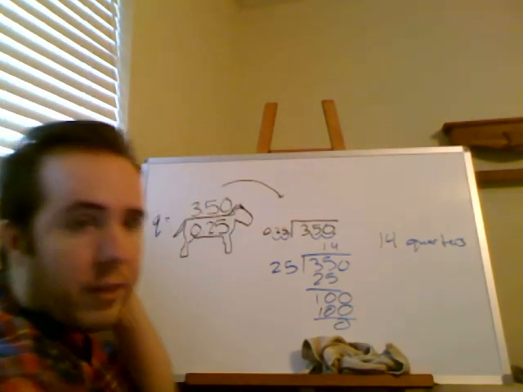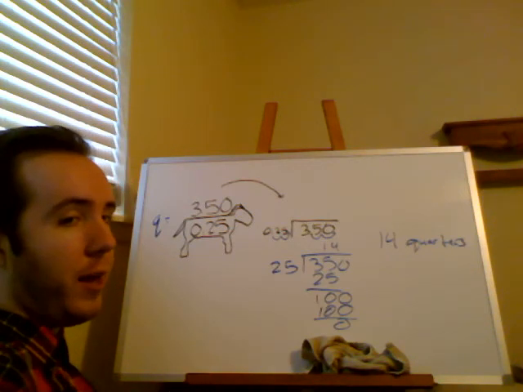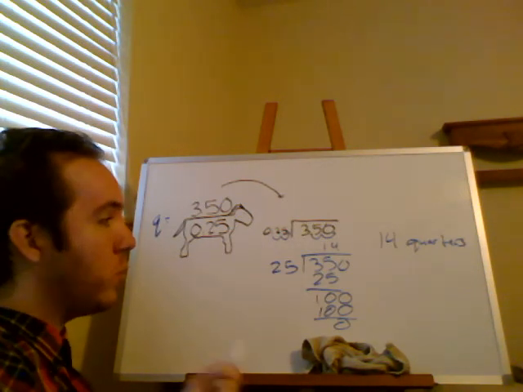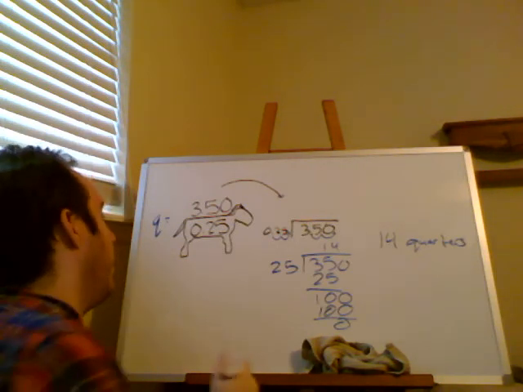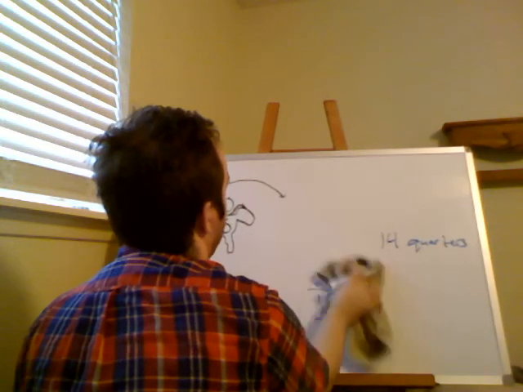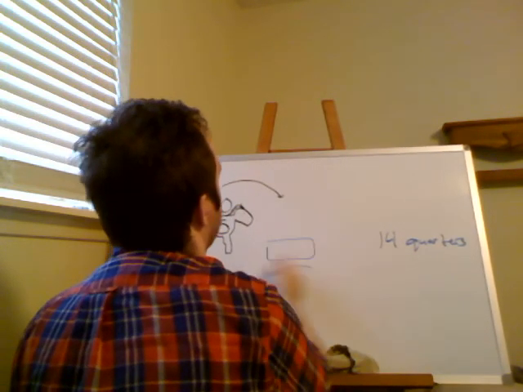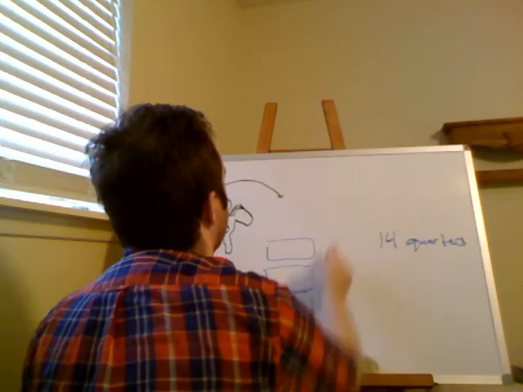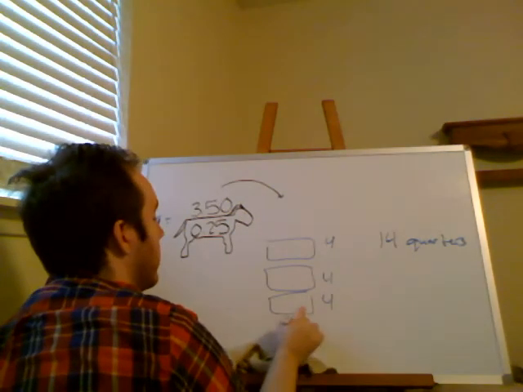The other way to think of this, I included a hint on the page. You can think about how many quarters is $1. Well, it's 4 quarters in $1. Right? 4 quarters in $1. So we've got $1, $2, $3, 4, 4, 4, and then we had 50 cents.